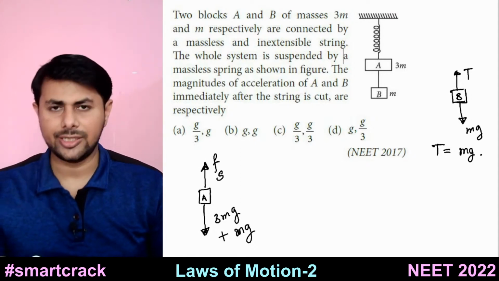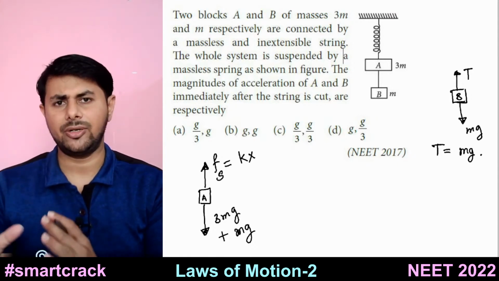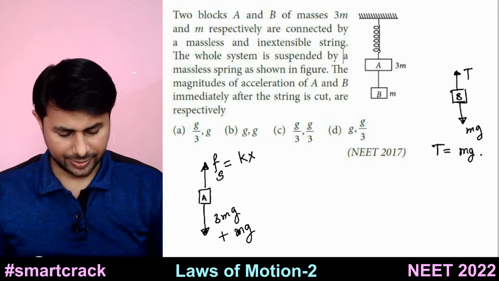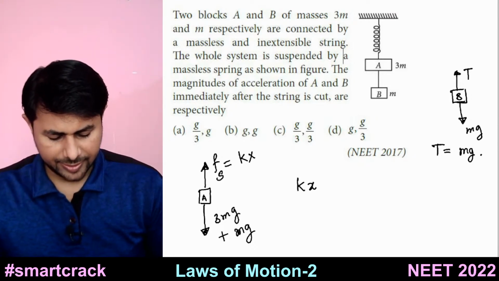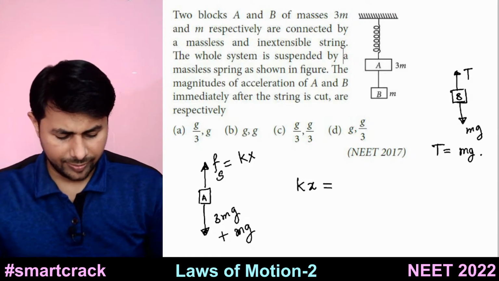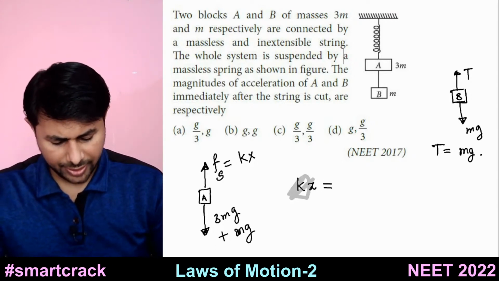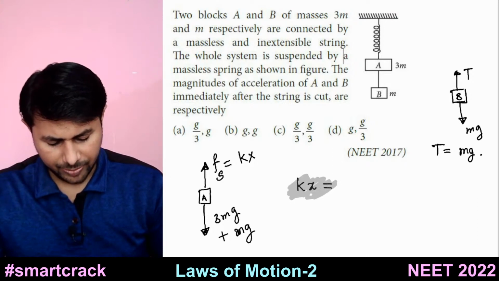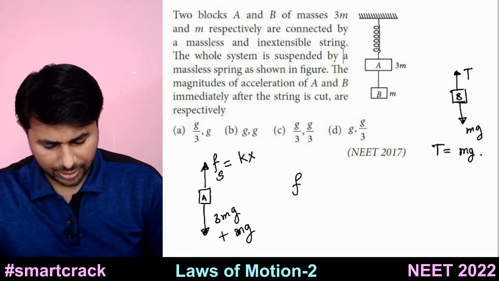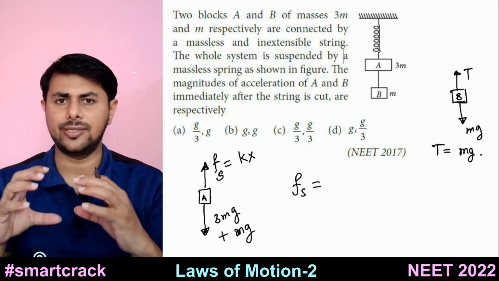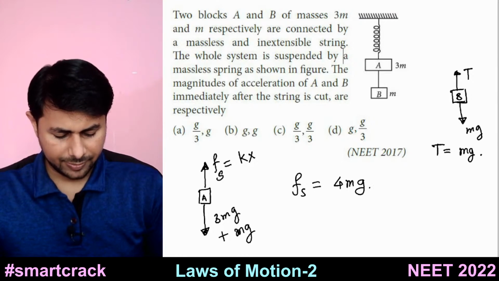That is the force in the spring, with magnitude k times x. We need not write kx here; I can just write that the spring force is equal to the total downwards force if the system is steady. So it is 3 mg plus mg, that is 4 mg.